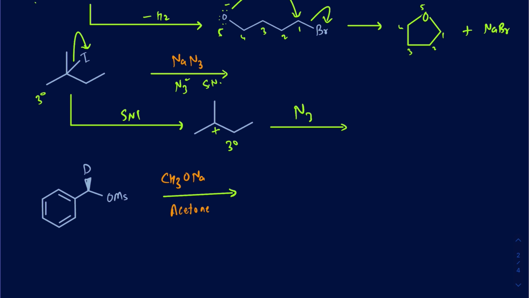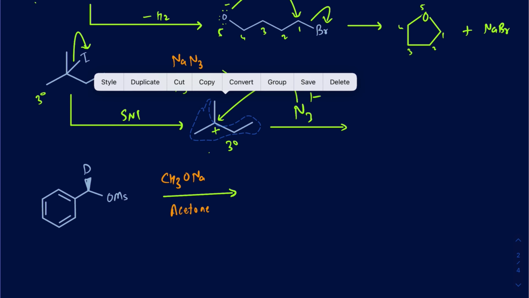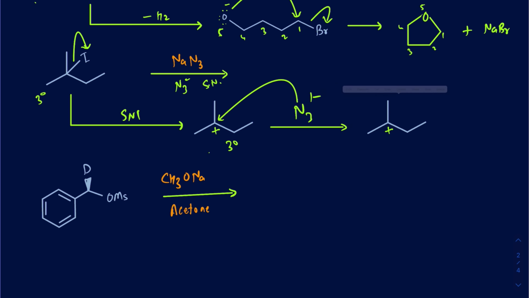I can just have this N3 do the attack right here, and we will end up making, let me copy that down here, this N3 attached to it. That's a formation of an azide bond that you will eventually see at some point. So that was an SN1 mechanism.